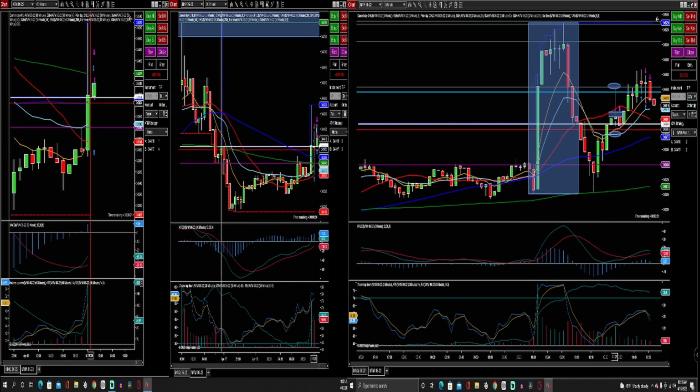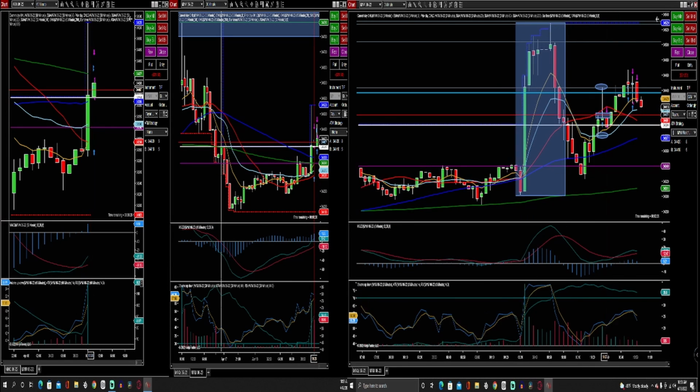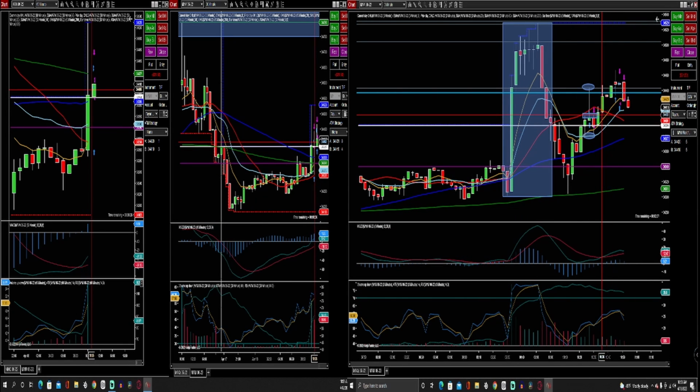Something makes me feel like it might just bounce off of this right here, due to the fact that I already told you, I see double tops here. See what happens though. It might just come all the way back down to the close.